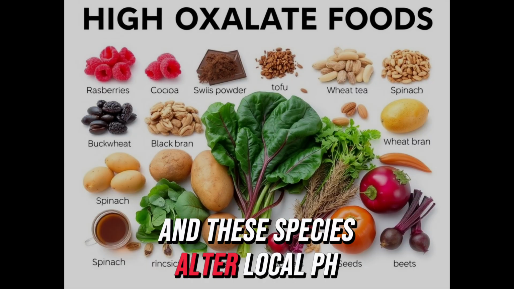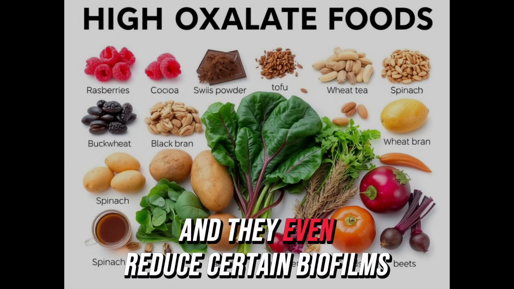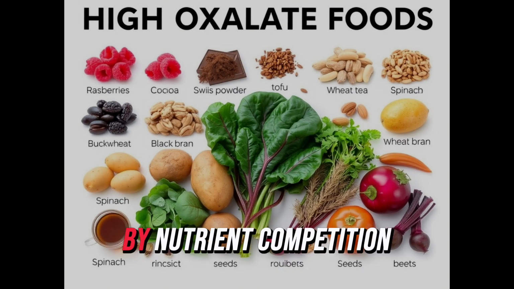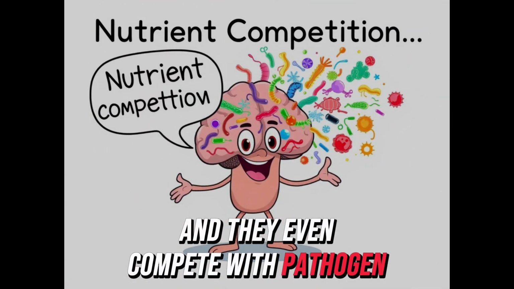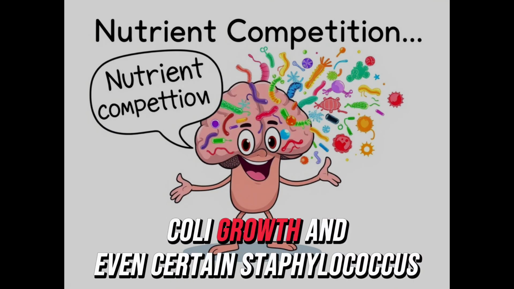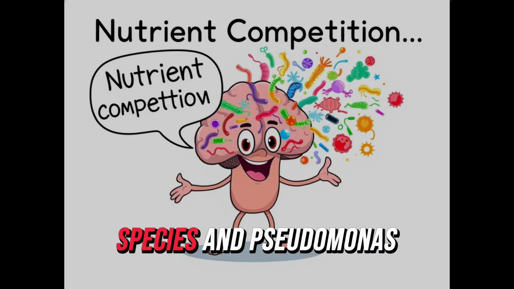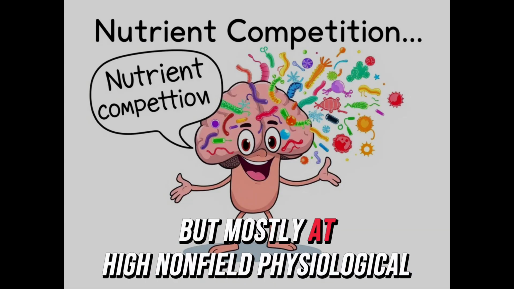These species alter local pH, affecting biofilms, and they even reduce certain biofilms by nutrient competition, and they even compete with pathogens. So oxalates can inhibit E. coli growth and even certain Staphylococcus species and Pseudomonas. So oxalates reduce pathogen-driven biofilms, but mostly at high non-physiological levels.